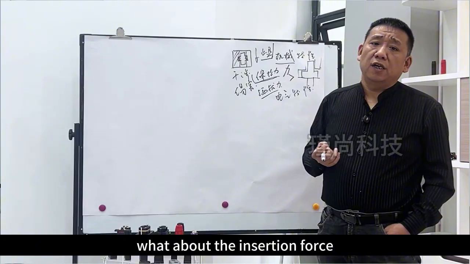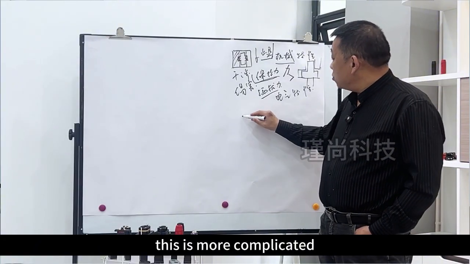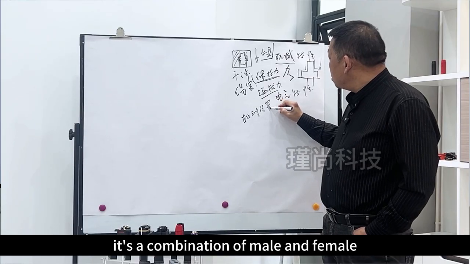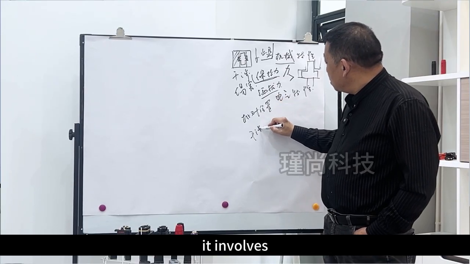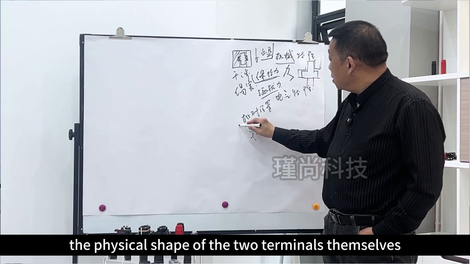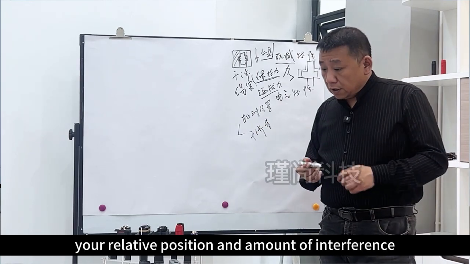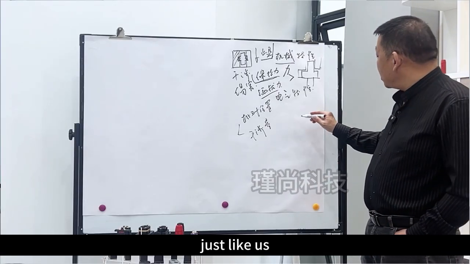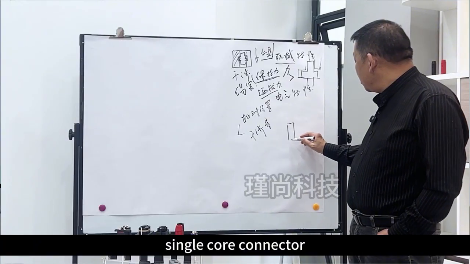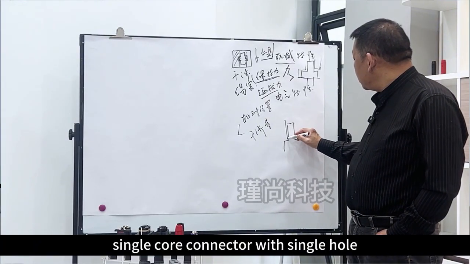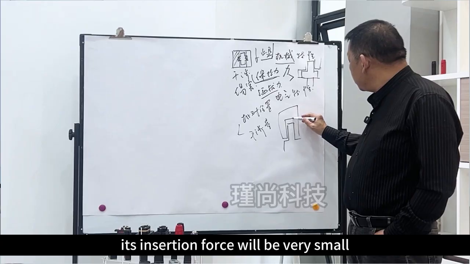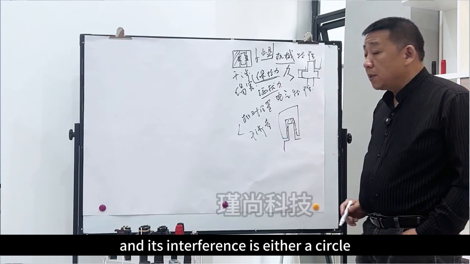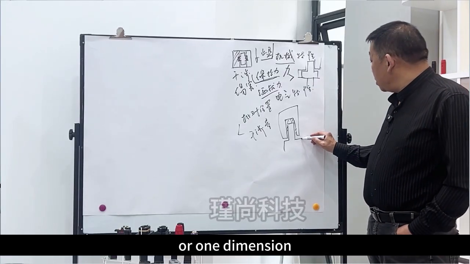What about the insertion force? This is more complicated. The plug-in force is a fit structure, a combination of male and female. It involves the physical shape of the two terminals themselves, and their relative position and amount of interference. It has more factors. Just like a single core connector with a single hole, its insertion force will be very small because it only has one hole, and its interference is only one dimension.